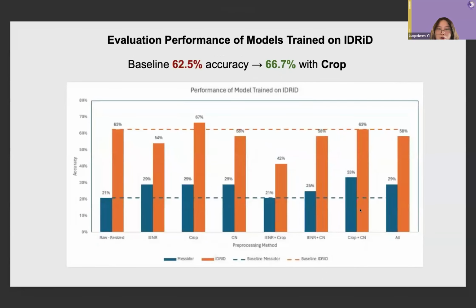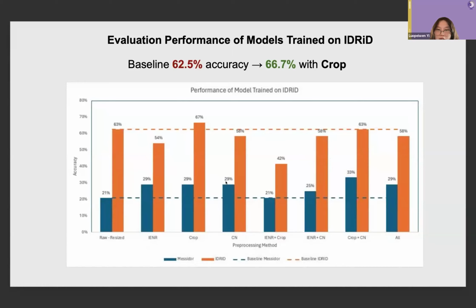It shows how the models trained on the IDRIT dataset performed in classifying DR stages using different preprocessing methods, both on their own and in combination. So the orange bars represent the performance on the IDRIT dataset, which is also the training data. And the blue bars here show how the model did on the Macedor dataset for generalization.